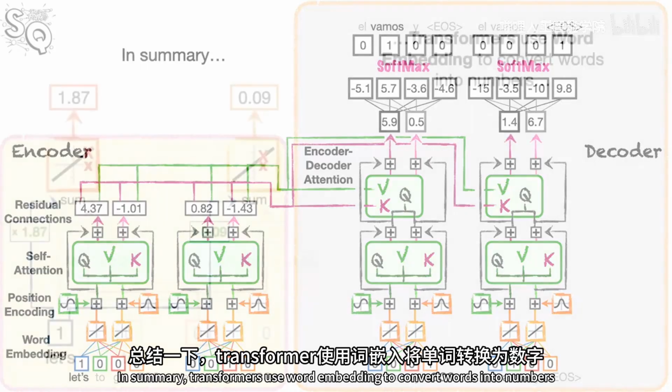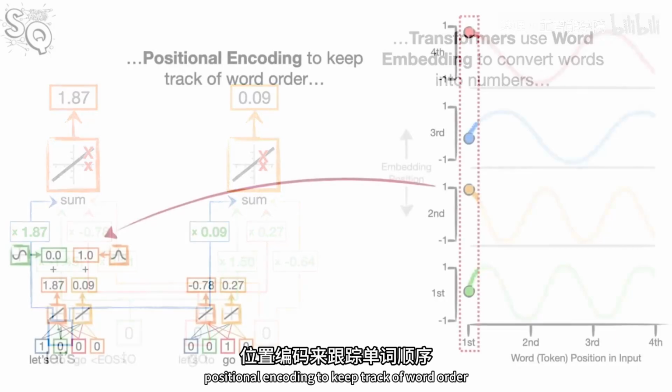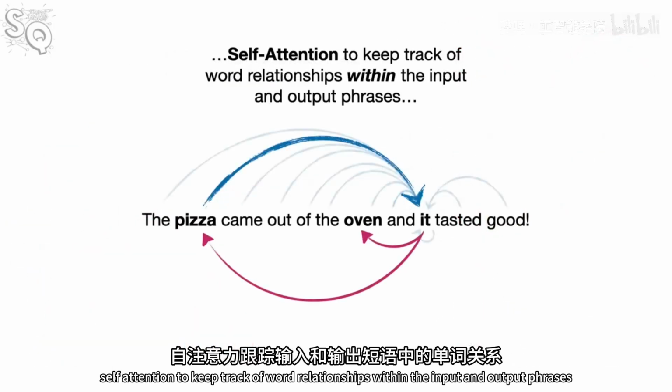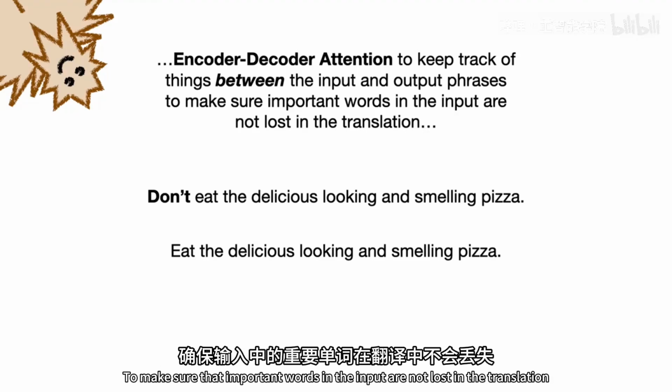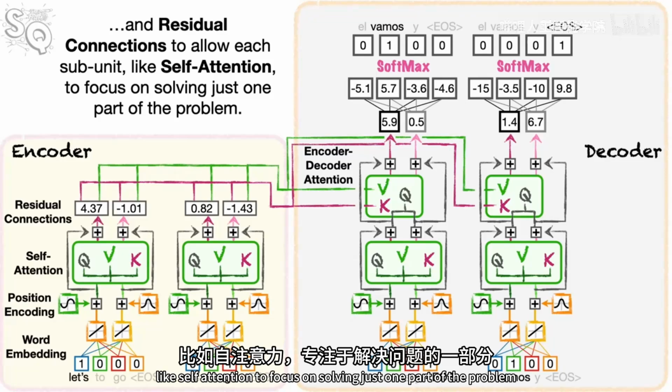In summary, transformers use word embedding to convert words into numbers, positional encoding to keep track of word order, self-attention to keep track of word relationships within the input and output phrases, encoder-decoder attention to keep track of things between the input and output phrases to make sure that important words in the input are not lost in the translation, and residual connections to allow each subunit, like self-attention, to focus on solving just one part of the problem.